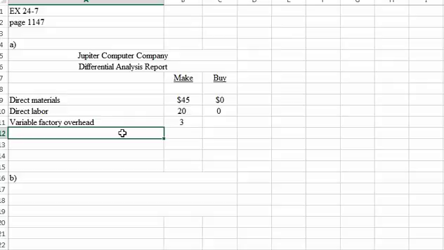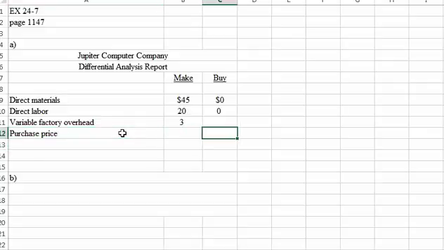Okay, now, what about the purchase price if we buy them from an outside party? Well, the variable factory overhead, if we buy them from the outside party, is $0. The purchase price, if we make them in-house, would be $0.